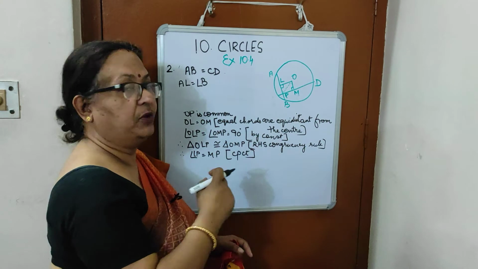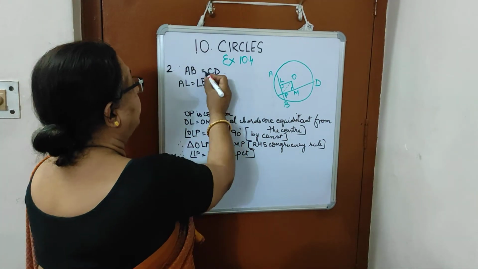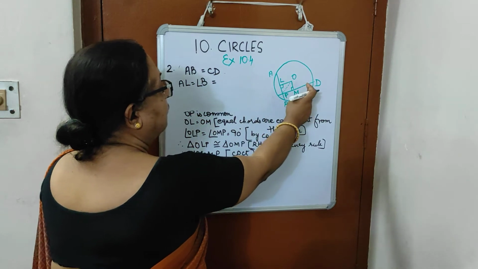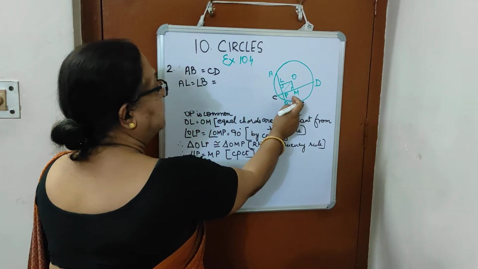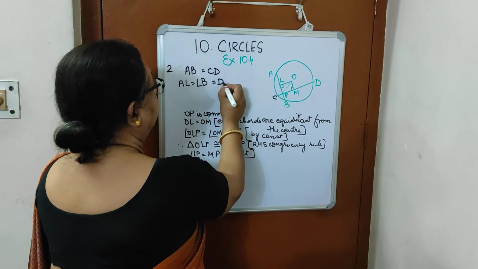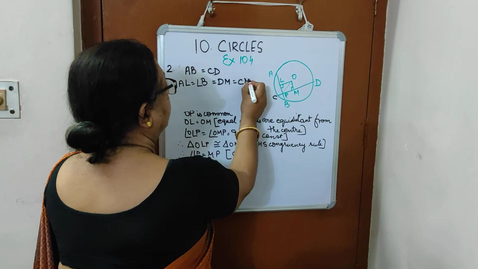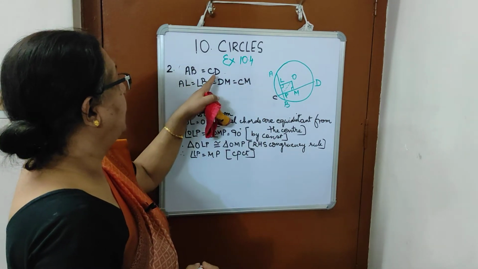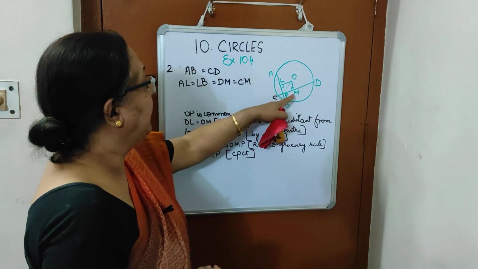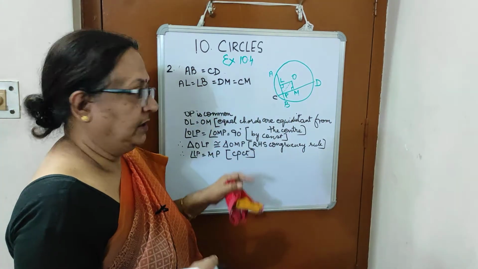So L is the midpoint of AB, so we can write AL equal to LB. Similarly, for CD, M is the midpoint, so DM equal to CM. Okay, since AB equal to CD and L and M are their midpoints, all of them are equal.